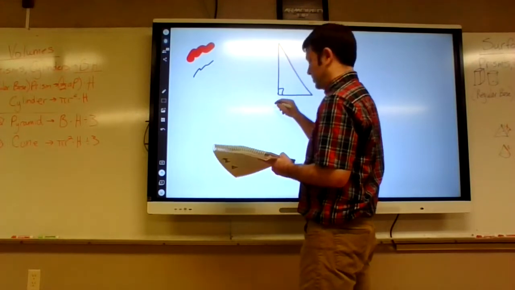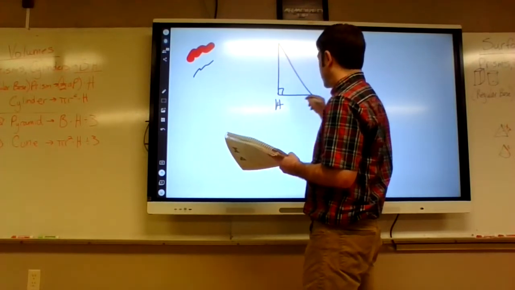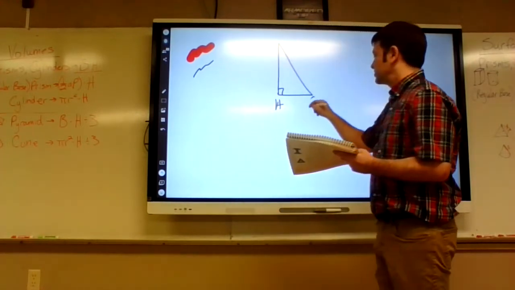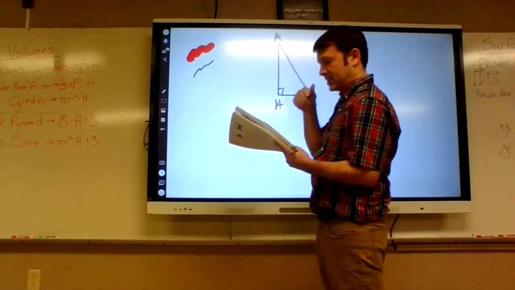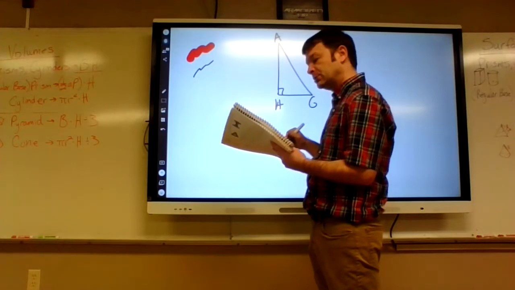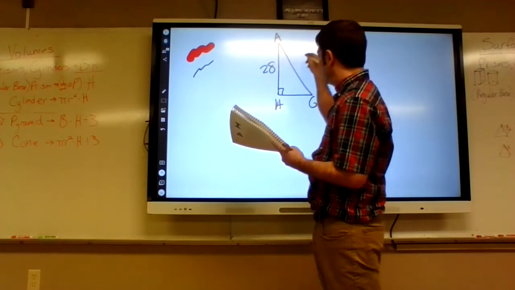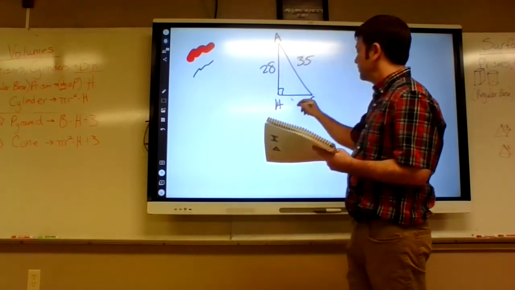We're looking for HG, which is that little segment on the bottom. And they give us AH is 28, AG is 35.